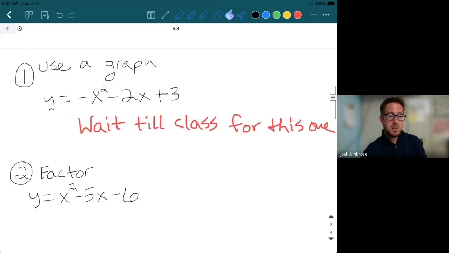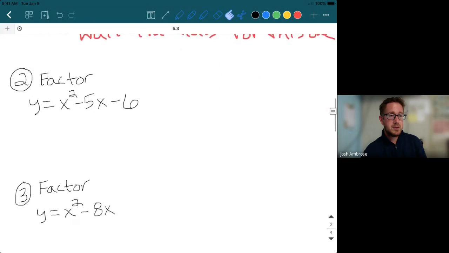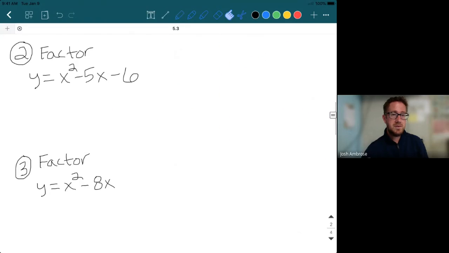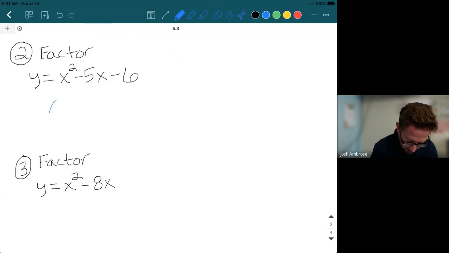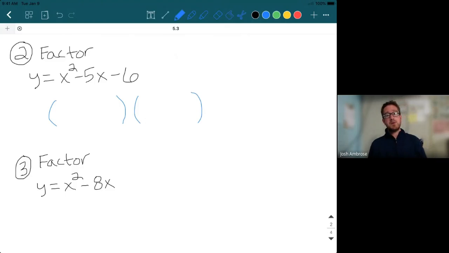The next one that we're going to jump into, number 2, is a review of factoring. So let's do that right now. You'll remember this is a trinomial, and we will immediately jump into doing double sets of parentheses. What we're trying to do here is create two binomials. The first thing that you're going to focus on is this first term.